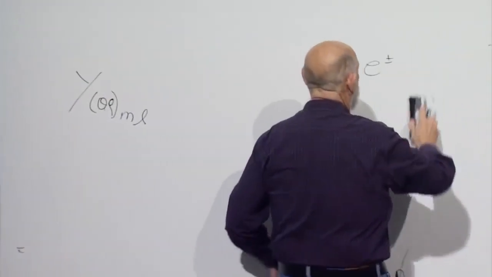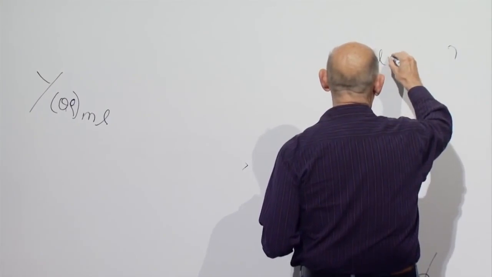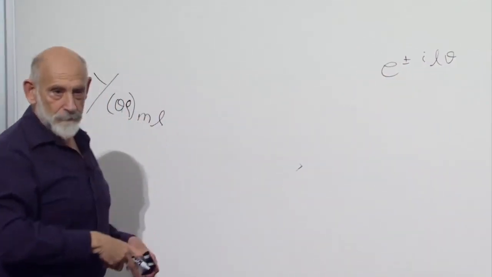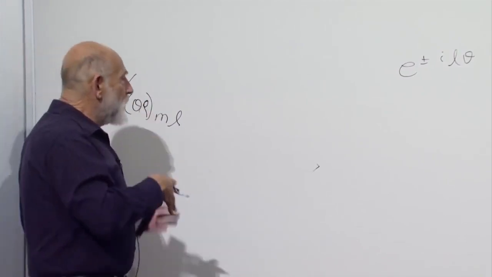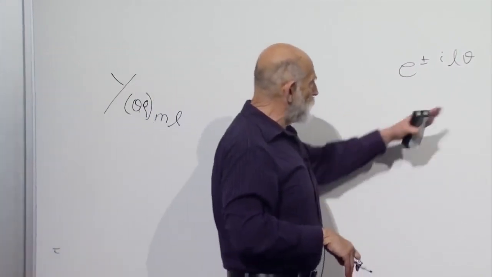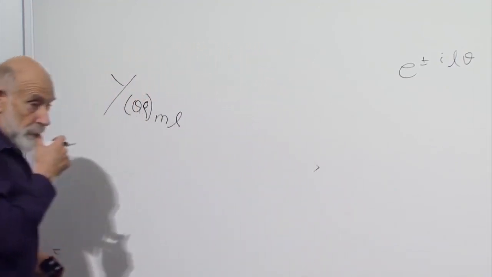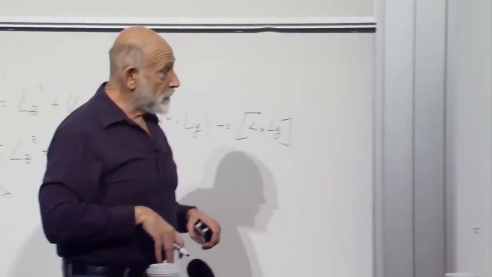They're the three-dimensional analogs. This is the two-dimensional functions. Strictly speaking, these are functions on a circle, so they're one-dimensional functions. But think of them as functions for a two-dimensional problem. These are the corresponding functions for the three-dimensional problem.